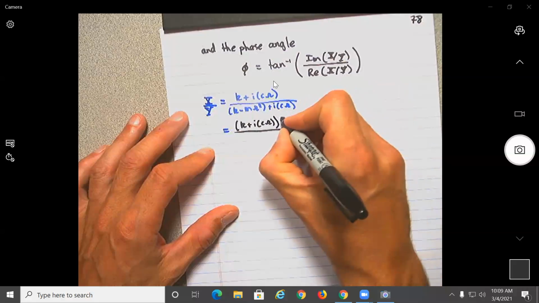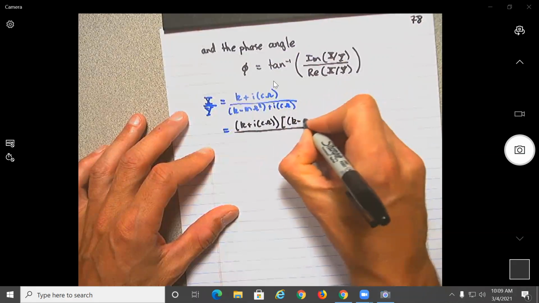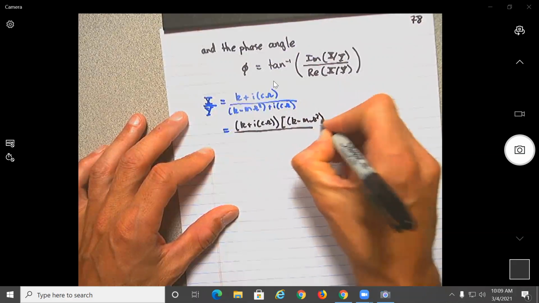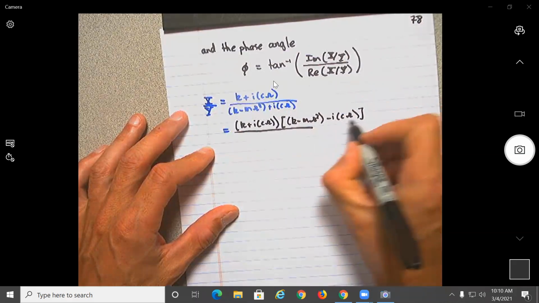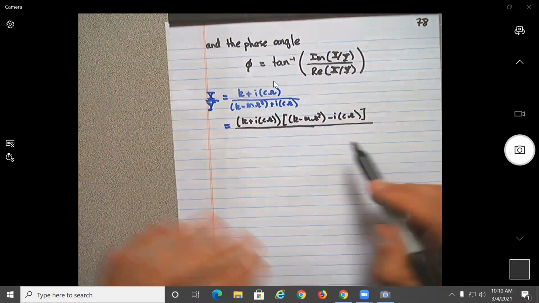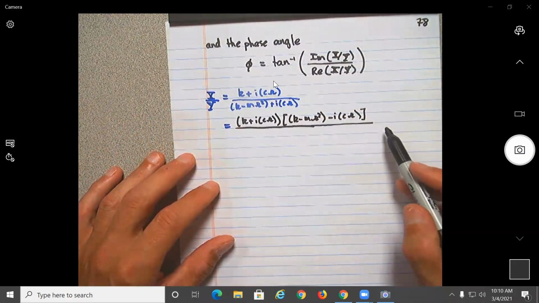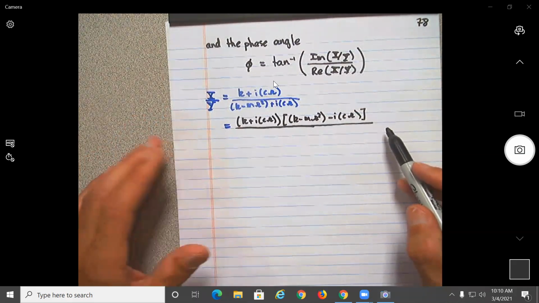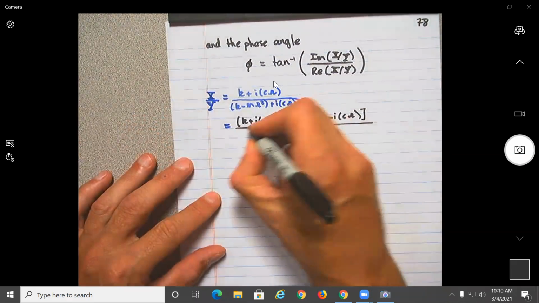We have done it before, times k minus m capital omega minus I c omega. So this is having like a plus ib times a minus ib at the bottom. So that should be equal to what? Just a squared plus b squared. Okay, but let's write it down.